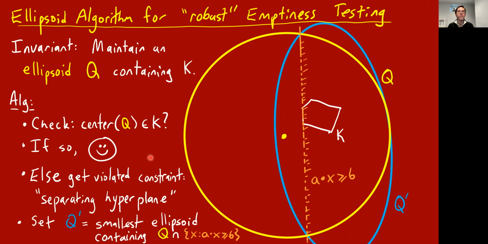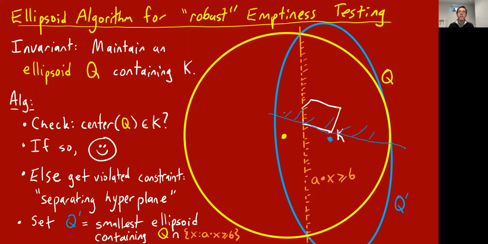So let me go back here and say what I mean by iterate. Now you're hanging onto this blue Q prime, and you do the same thing. You know its center, so maybe its center is perhaps right here. Maybe it just misses K. And so you check whether the center is in K. If it is, then great, you found a point in K. Otherwise, when you plugged it into the equations defining K, there's at least one inequality, perhaps this one, where K is all on one side of the inequality, but the center you tested was outside.